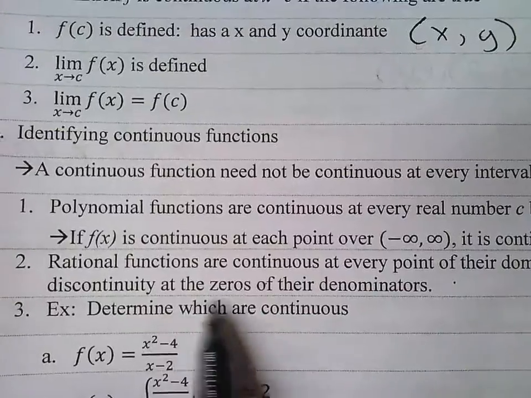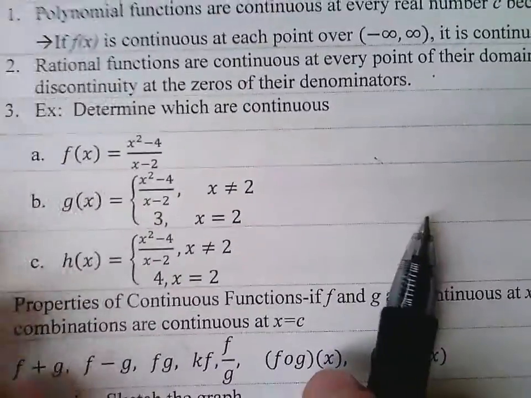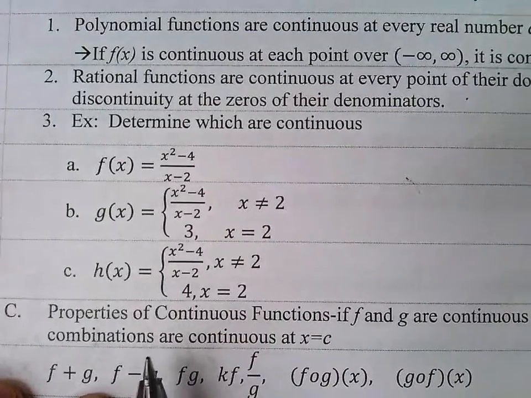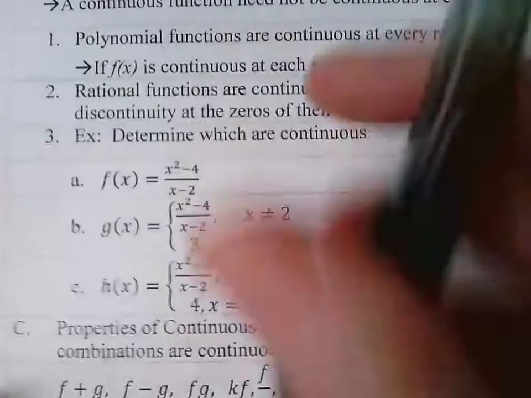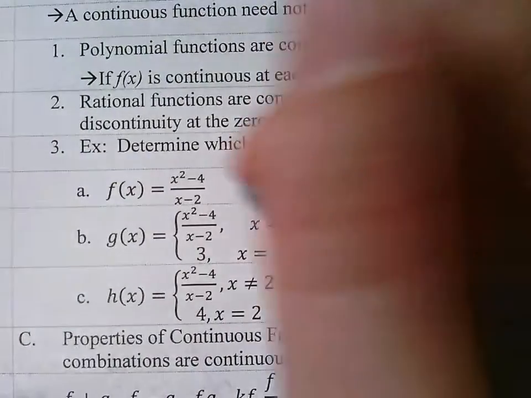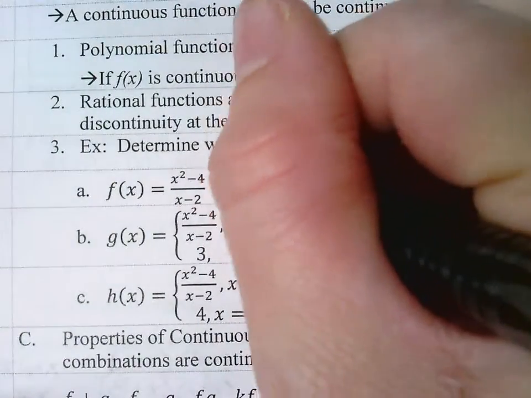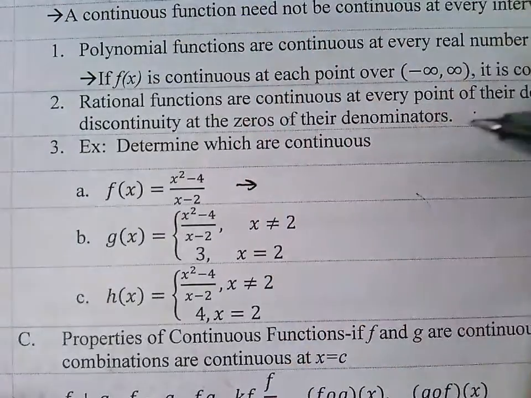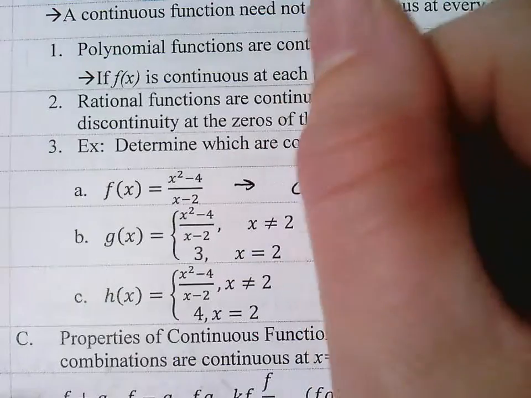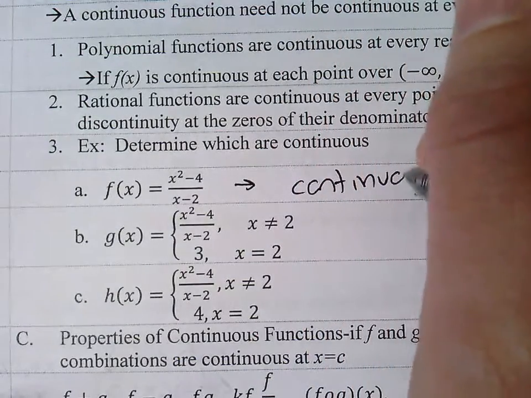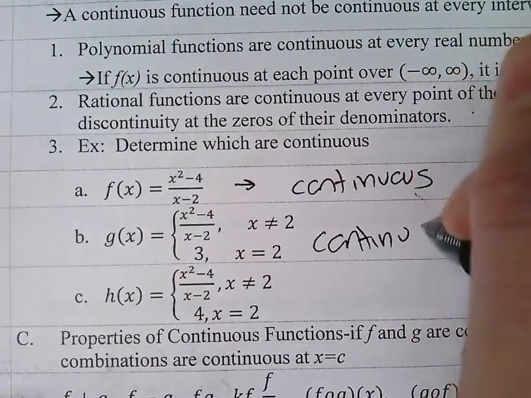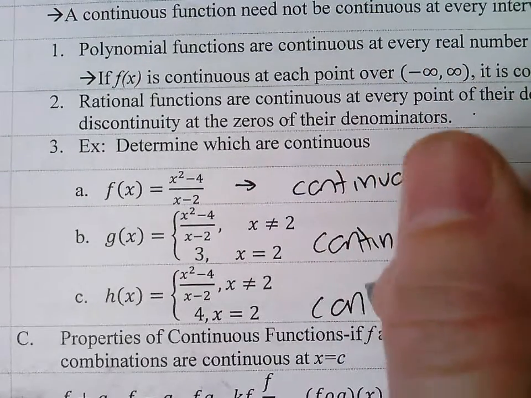So let's determine which are continuous. Well, all of these are most likely going to be continuous. They're just going to have points of discontinuity. So this is continuous. Continuous. And this is also continuous.